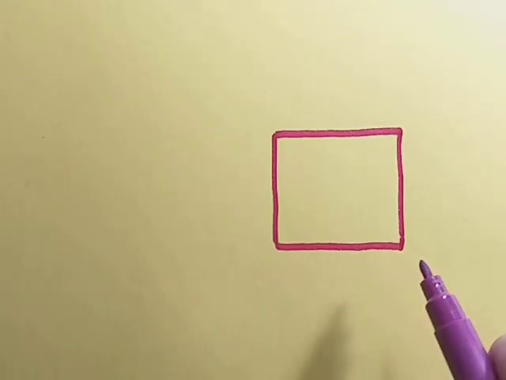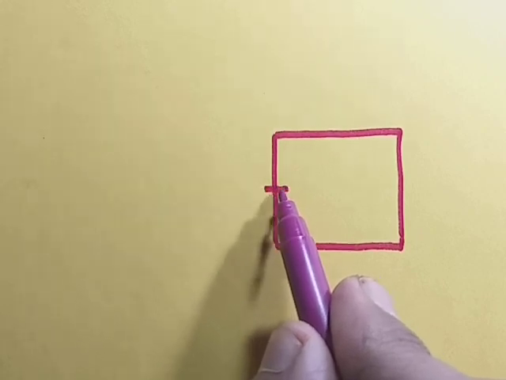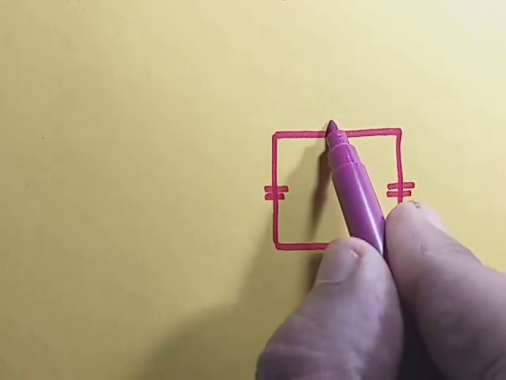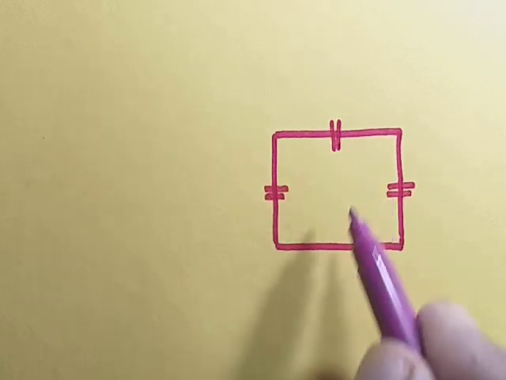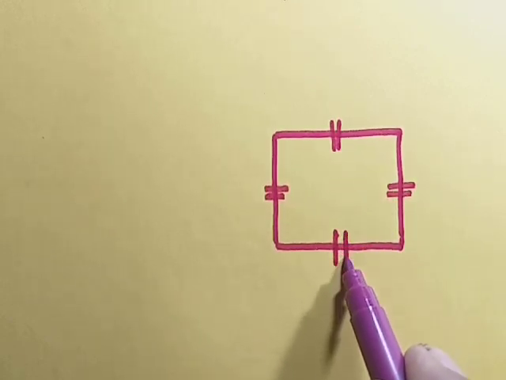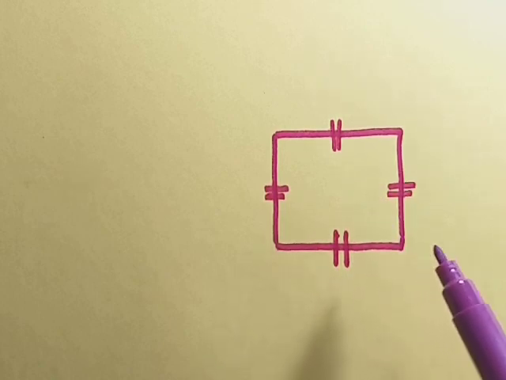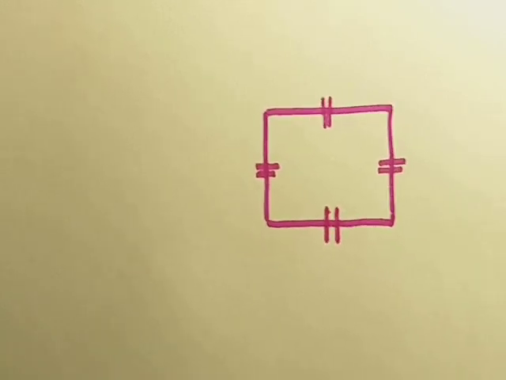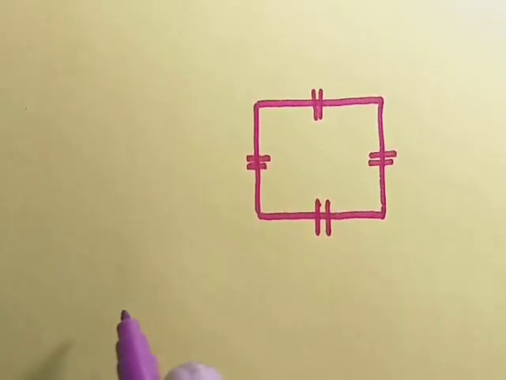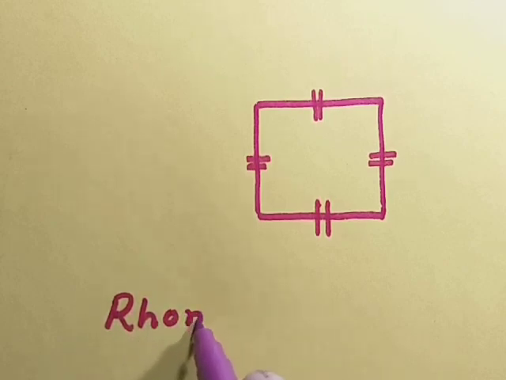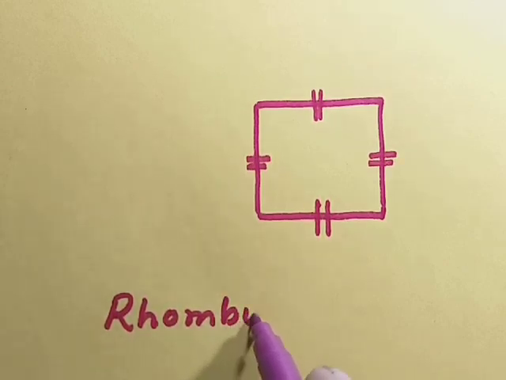Square is having all its sides equal. If you say all the sides of a quadrilateral are equal, then you may call it a rhombus. It may not be necessarily a square.